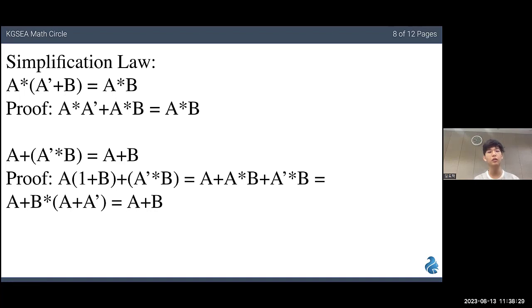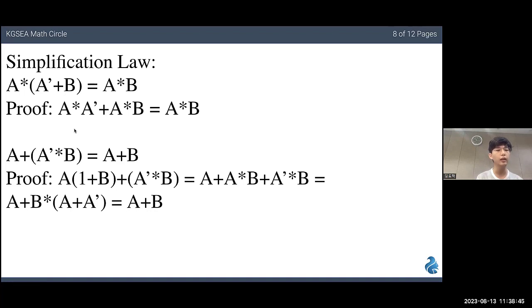Since A and not A have opposite values, it will always return 0, which can therefore be shown as A and B, as A and not A cancel out.